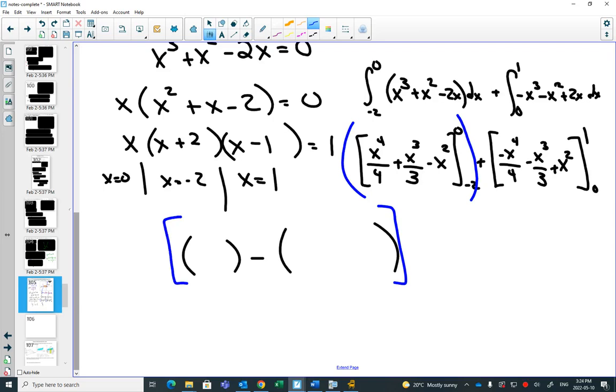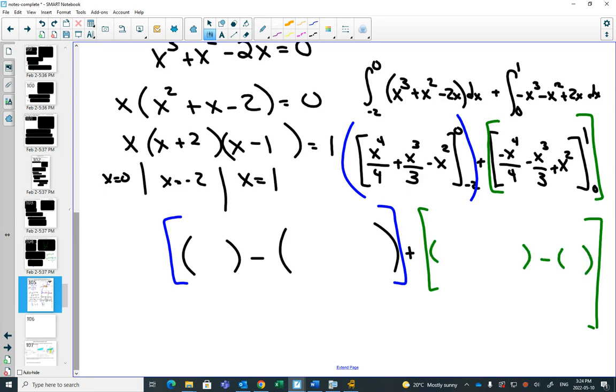Plugging in 0 is like happy math days, mental math heaven. Calculations where you plug in 0 and everything's 0.